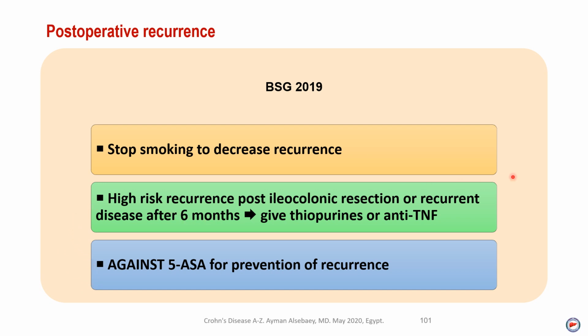Is the patient high risk or low risk? Okay, we previously said the criteria. If the patient has high risk for recurrence after resection, we should give him from the start anti-TNF plus thiopurines, never use 5-ASA.